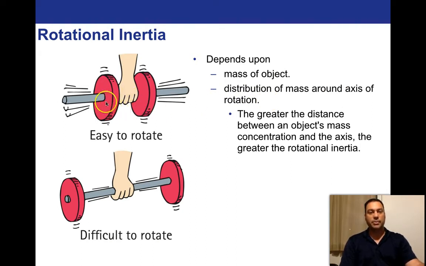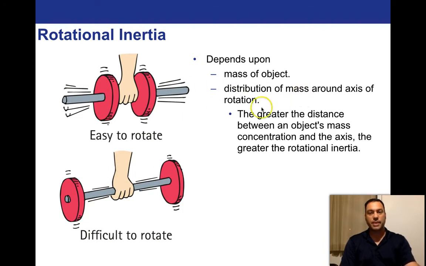The weights are in close, and if he wants to rotate it up, down this way or up, down this way, it's actually fairly easy to rotate compared to if the weights were way out on the end. It's the same amount of mass both times, but the fact that it's distributed further away from his hand makes it a lot harder to rotate. Why? Because mass further away has greater inertia than if it's really close.